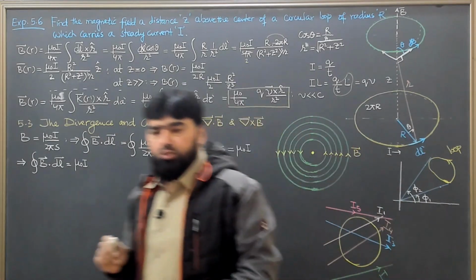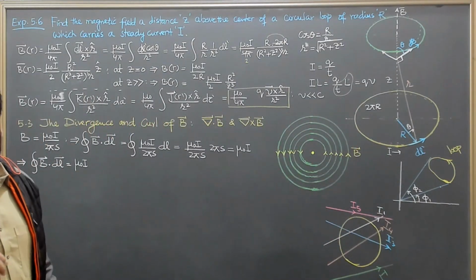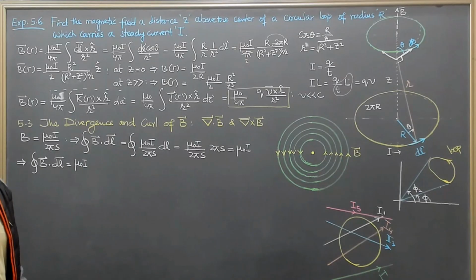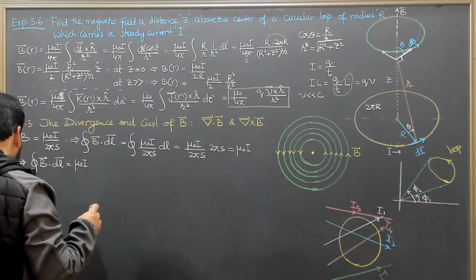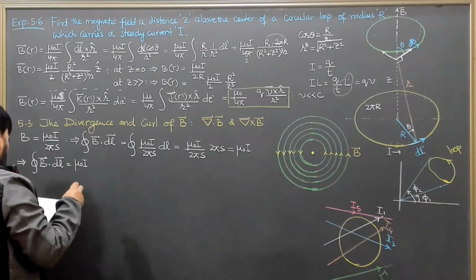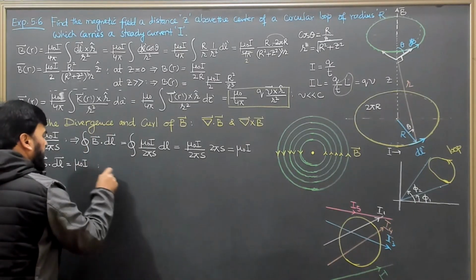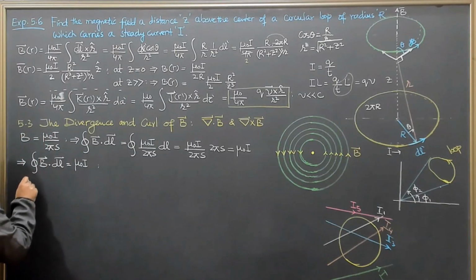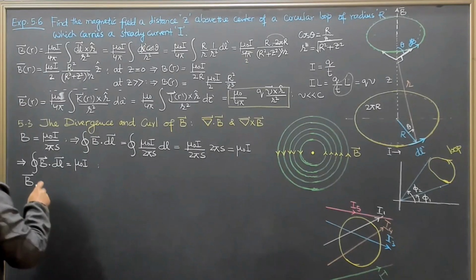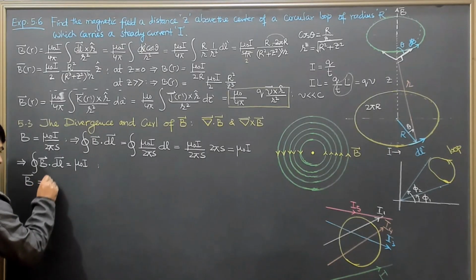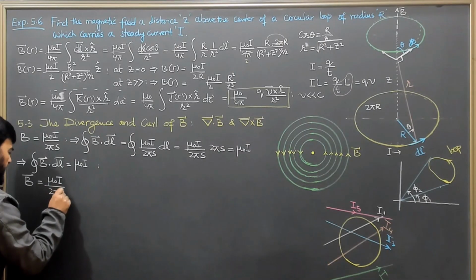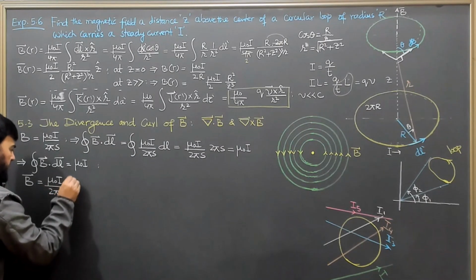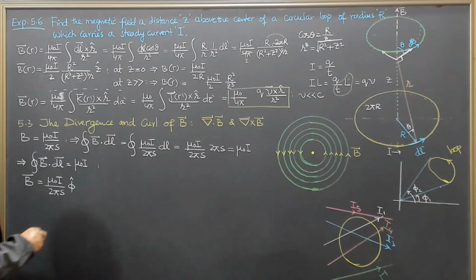The result will be the same, because for that, let me use cylindrical coordinates. Then I can write that the magnetic field can be written as B vector equal to mu naught I over 2 pi s in the phi unit vector.